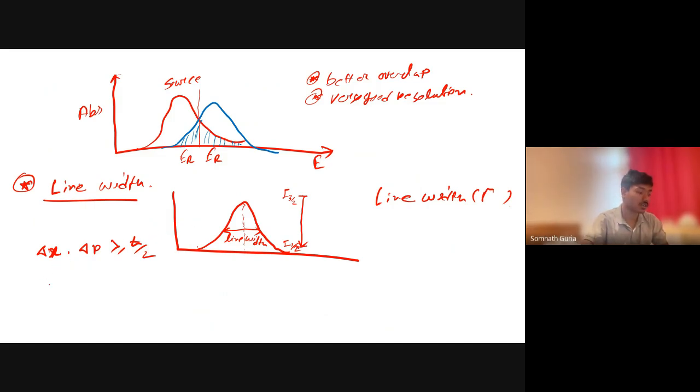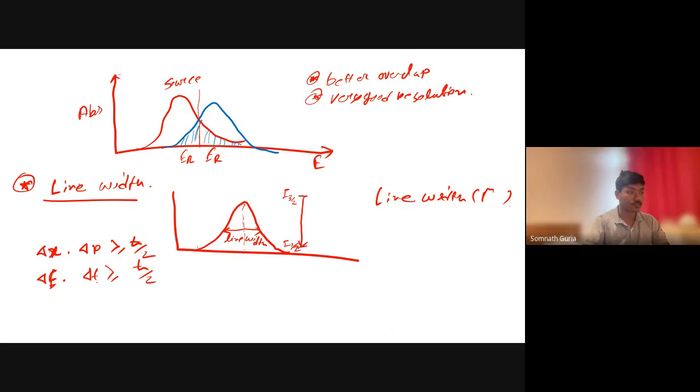Similarly, another term we can get is delta energy and delta t, which should be h cross by 2. If delta t tends to 0, then the energy should be infinity.